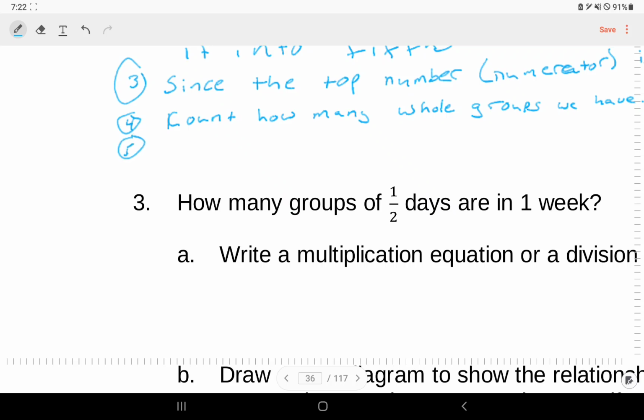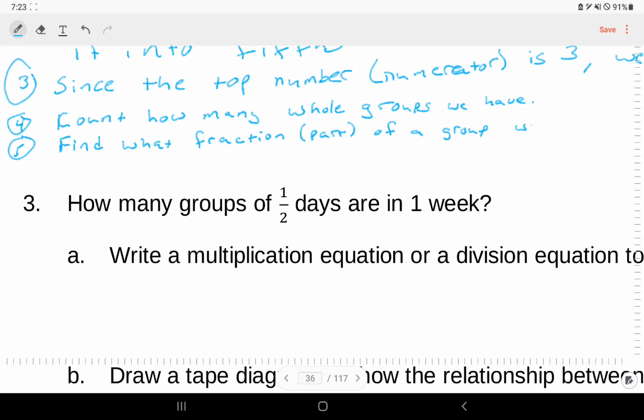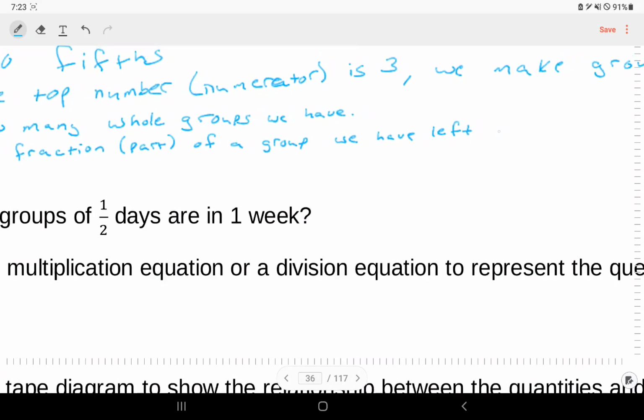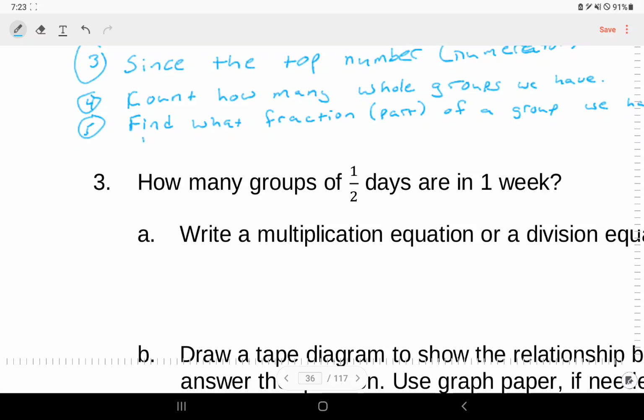Step 5: find what fraction or part of a group we have left, and write it as a fraction.